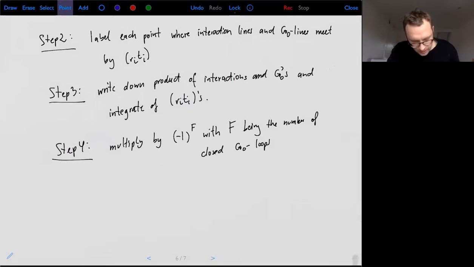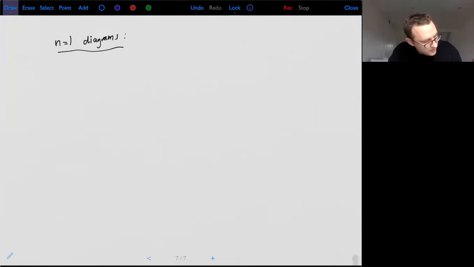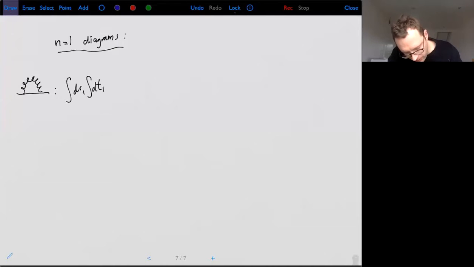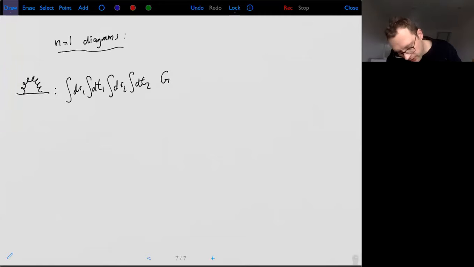All right, so let's see how this looks like, and then of course we have to integrate over the internal variables. So let's first look at this guy here. Basically I have to integrate over dr1, dt1, dr2, dt2, right? And then I have to write down this product. I have a Green's function that goes from r prime t prime to r2 t2.